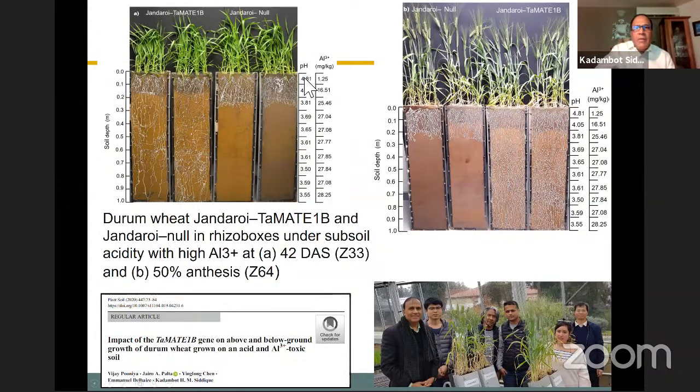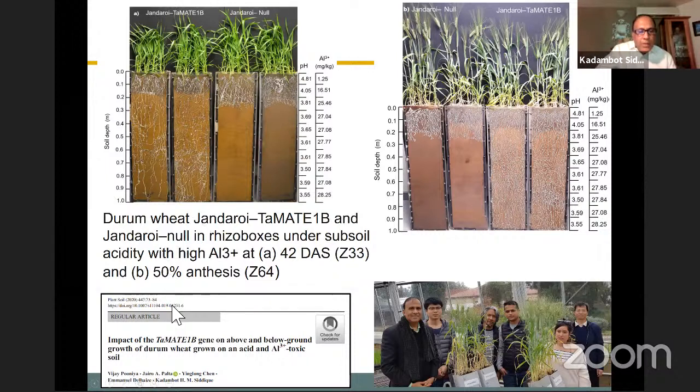The pH of the soil, have a look at it, 4.81 to 3.5. Very acidic soil. Not only that, aluminum toxicity is increasing, 1.25 milligram per kg to 28.5. Very acid soils. The problem is that durum wheat, these are durum wheat, cannot tolerate acidity.